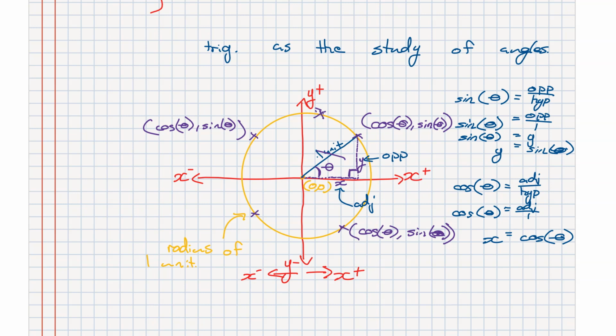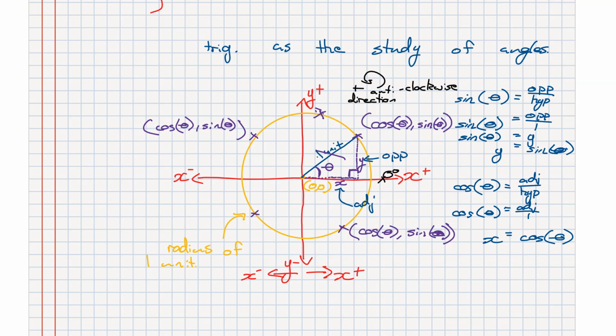If we say the angle starts at the x-axis, we define that as 0 degrees. For positive angles, we go in an anti-clockwise direction.